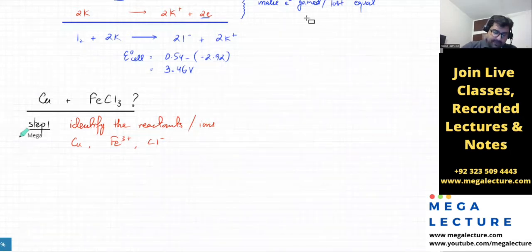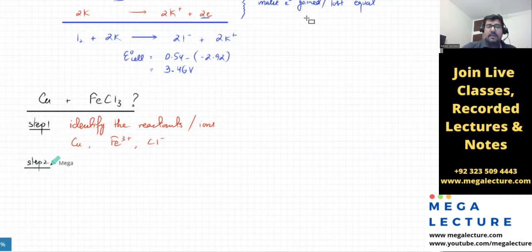So you move to step number 2. Now every species has multiple possibilities. Copper could turn into copper 1 plus. Copper could turn into copper 2 plus. Same with Fe3+.